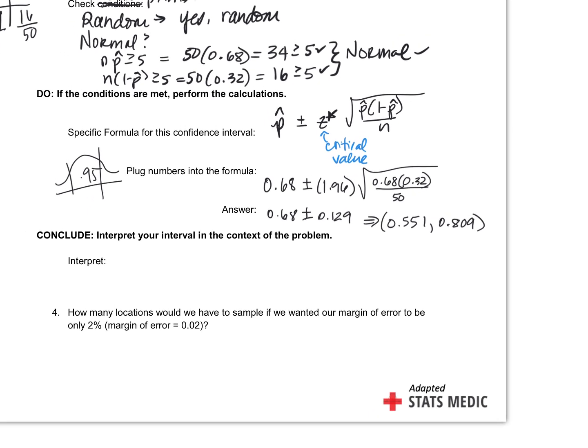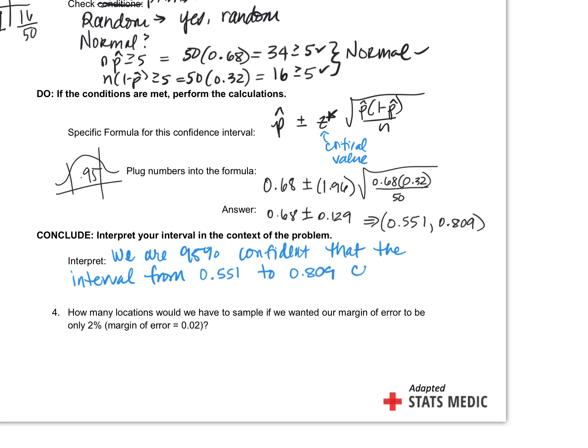All right. Interpret the interval in the context of the question. So there's that sentence thing we got to use, right? It says, we are 95% confident that the interval 0.551 to 0.809 captures the true proportion of the Earth covered in water.